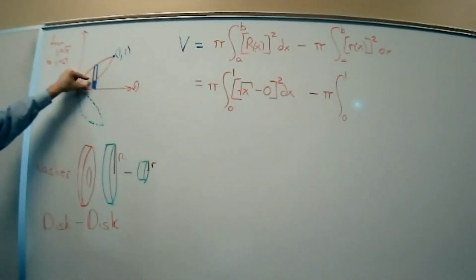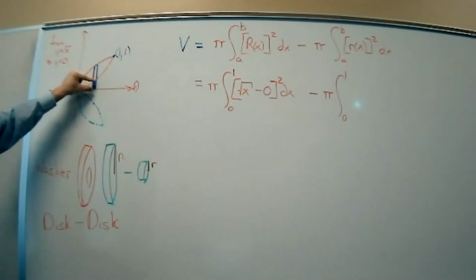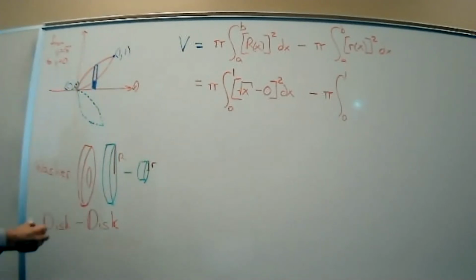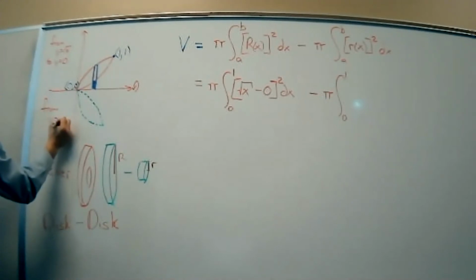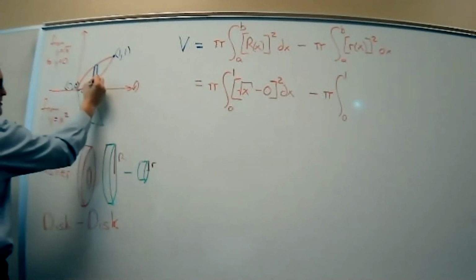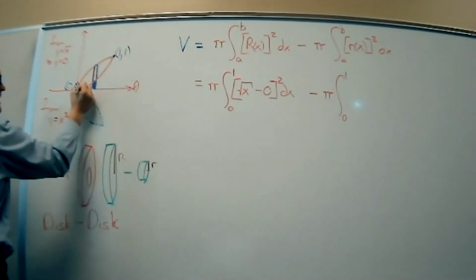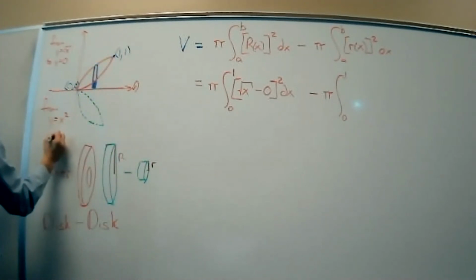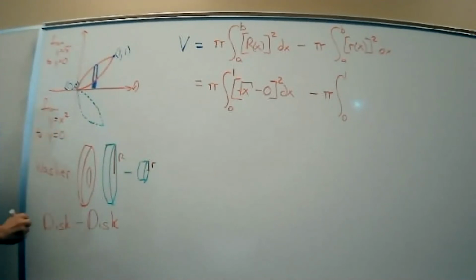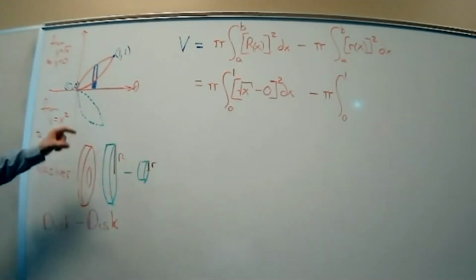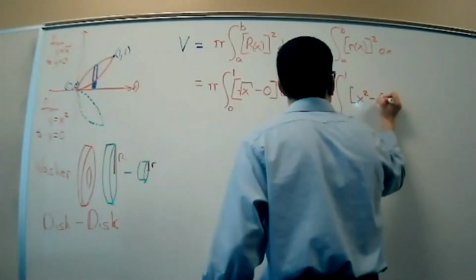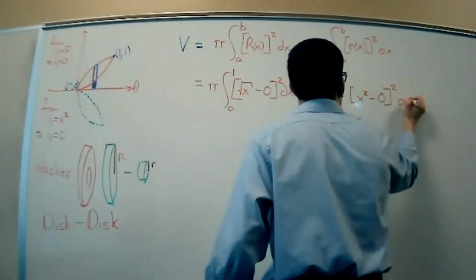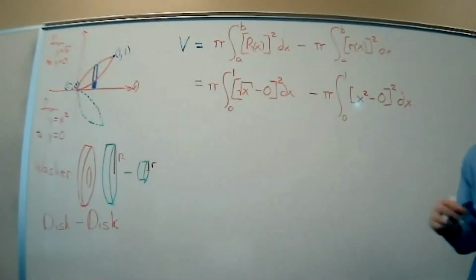The smaller rectangle, the one that I've filled in as solid, is from y equals x squared, that's this curve here, down to y equals 0. So x squared minus 0, square that radius, and there we go.